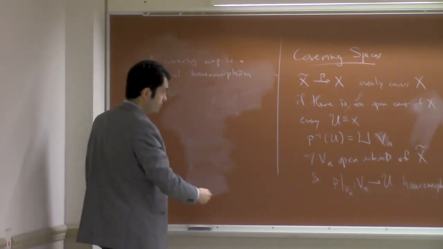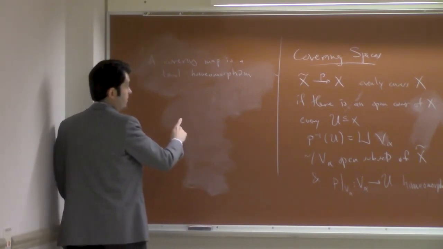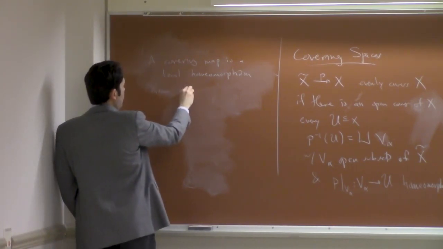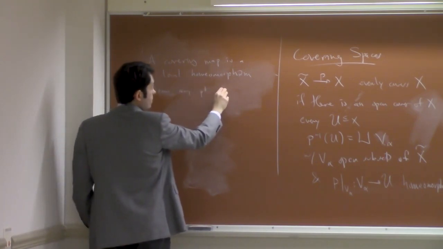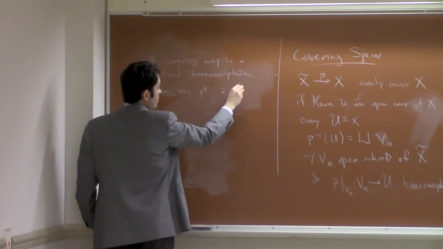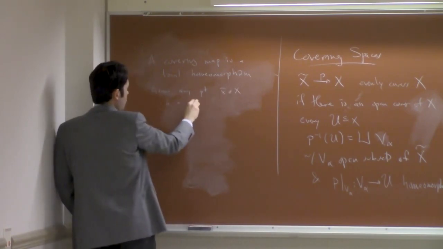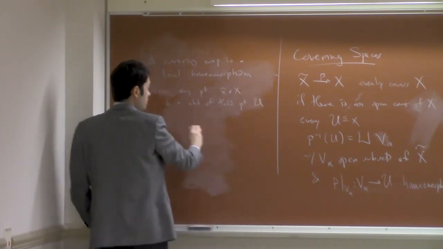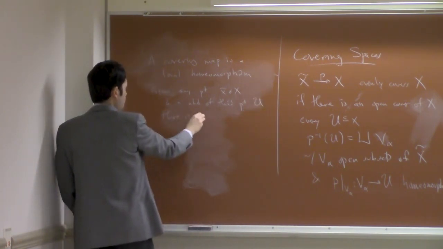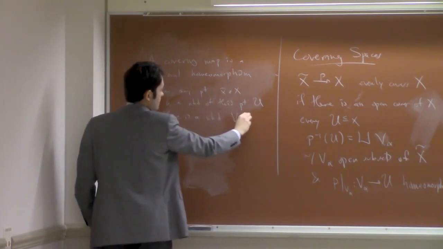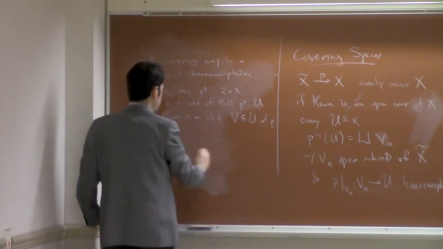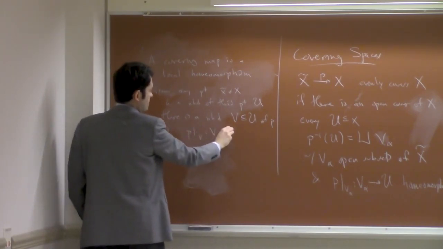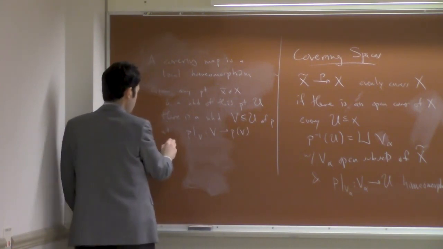So one way of saying that is that given any point x tilde in X tilde and a neighborhood U of this point, then there is a smaller neighborhood V such that P restricted to V is a homeomorphism.